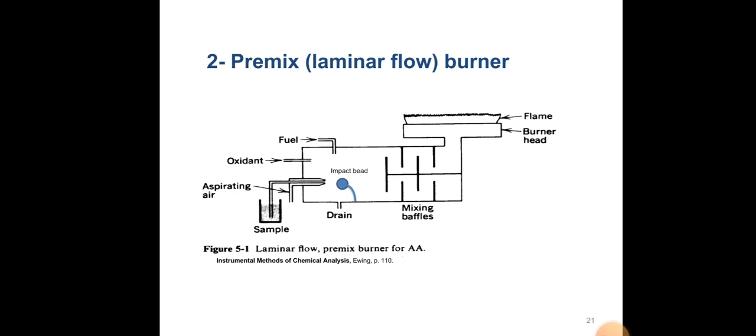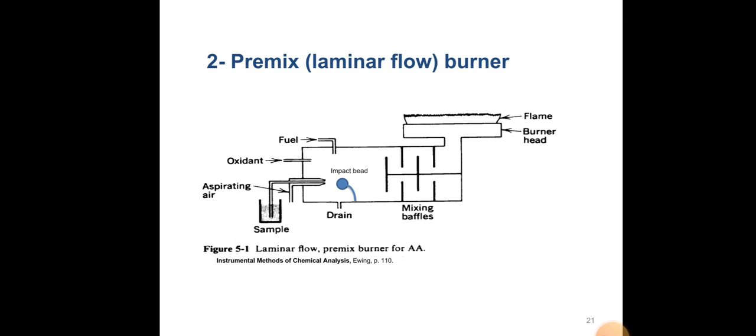First we have the nebulizer, and then the oxidant and fuel will be mixed with the sample droplets in the mixing chamber, and then we have some mixing baffles that can remove big droplets, and only very, very small and tiny droplets will reach the flame.